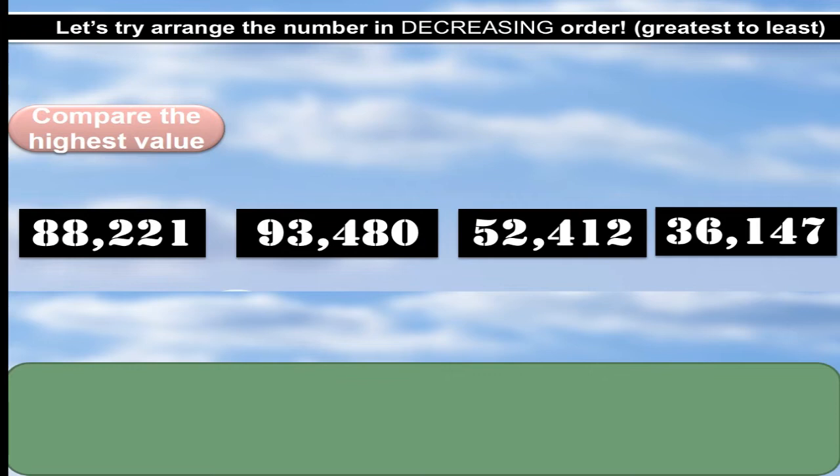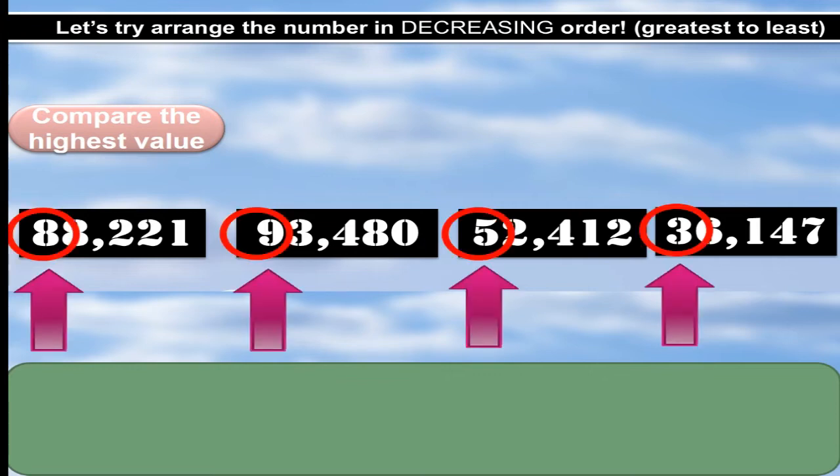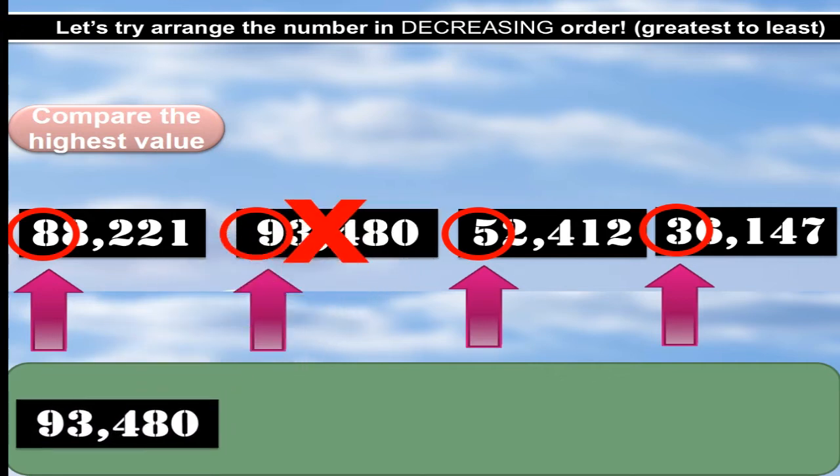First step is to compare the digits in the highest place value. And that is 8, 9, 5, and 3. 9 is greater than 8, 5, and 3. So, the number with the highest value is 93,480. Let's cross that out.